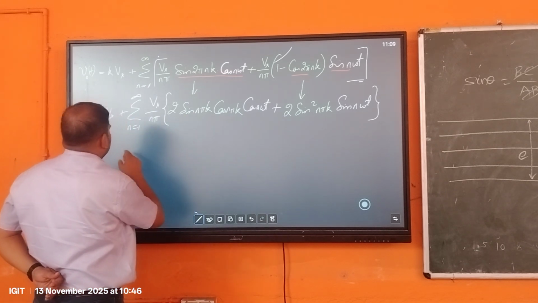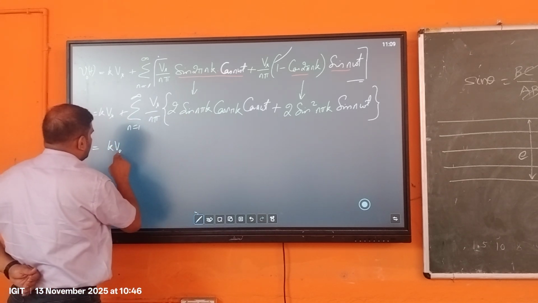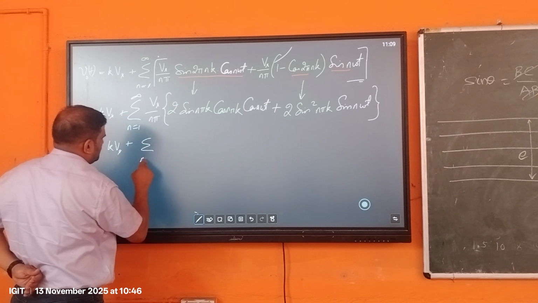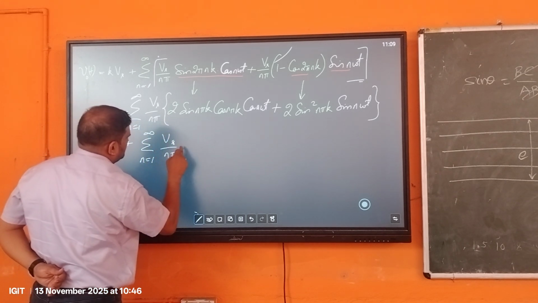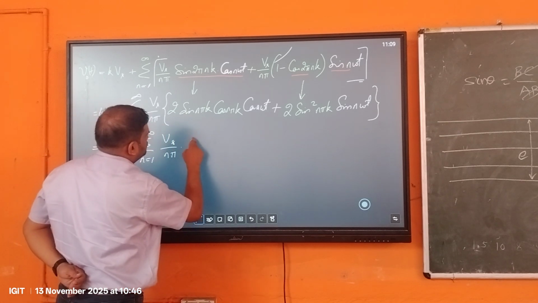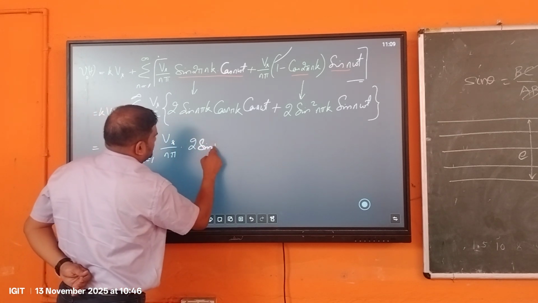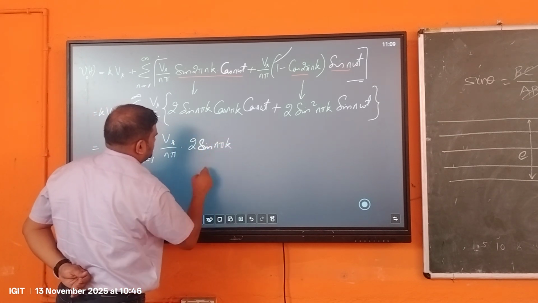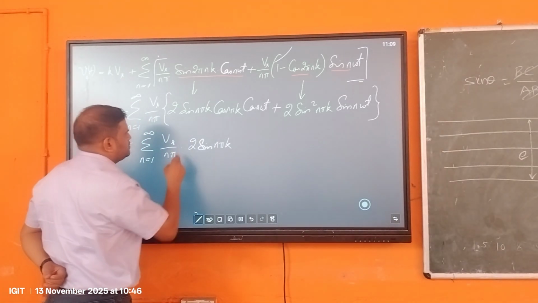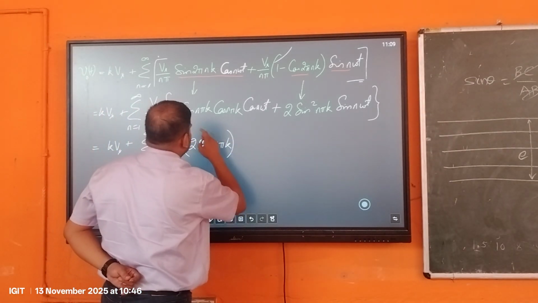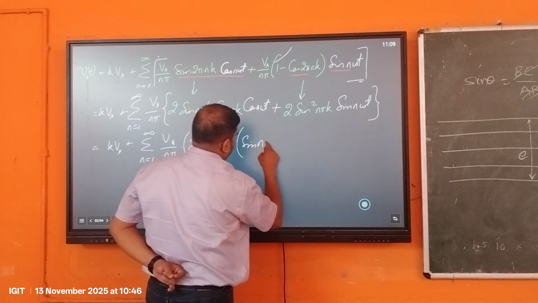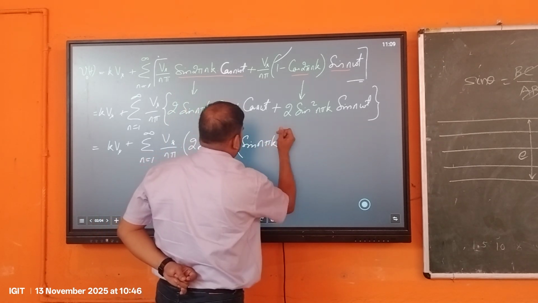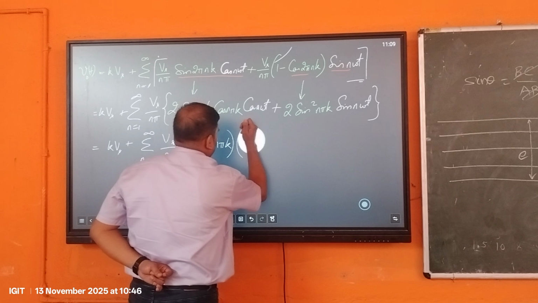Now from this we can take out the term Vs by n pi, here 2 sin n pi k. This we can take common, right? And the rest of the terms will be sin n pi k, we can write directly, no need to write again and again.